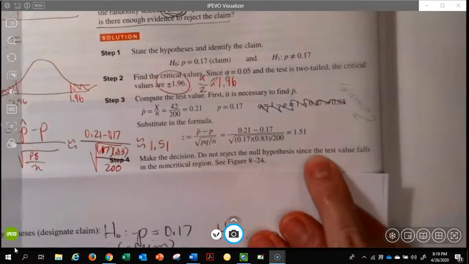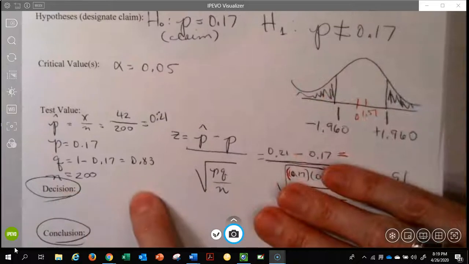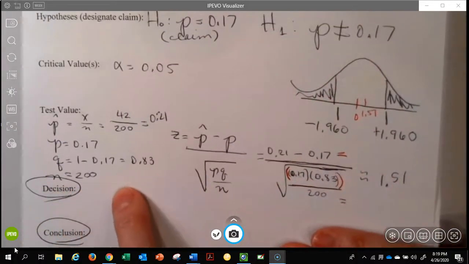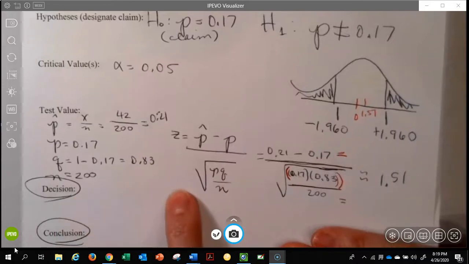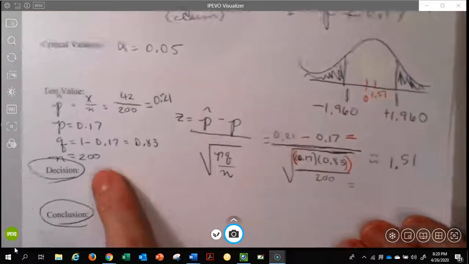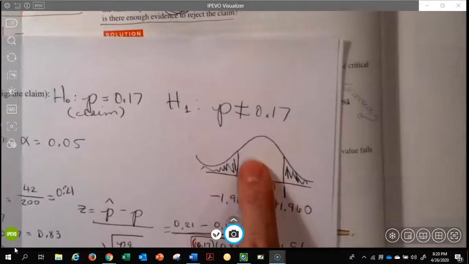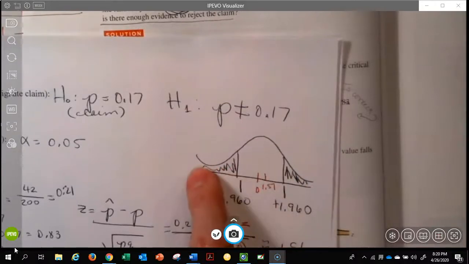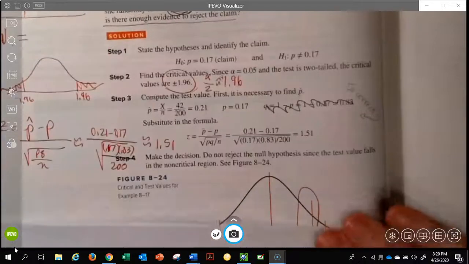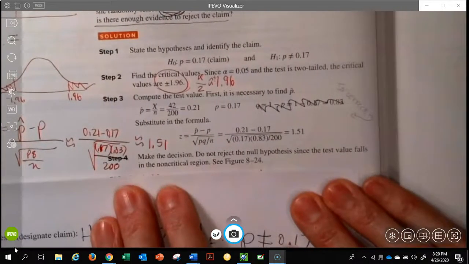hypothesis. But on the test, I'll say, what's your decision and why? And you will say, I or we are not going to reject the null because our test value did not fall in a rejection region, or our test value fell in a non-rejection region. Here, they say non-critical.